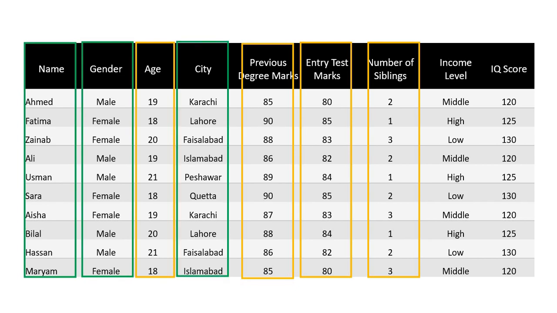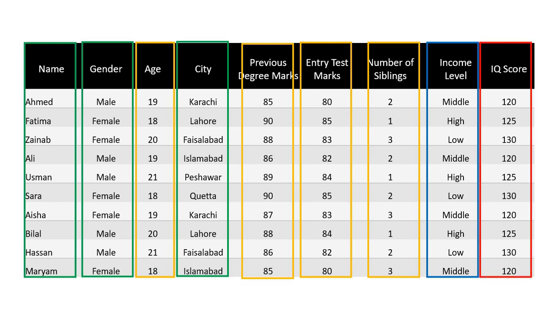City is also an example of the nominal level, and income level is at the ordinal level, in which there is an order, but the difference between categories is not consistent. And IQ score is an example of the interval level of measurement.